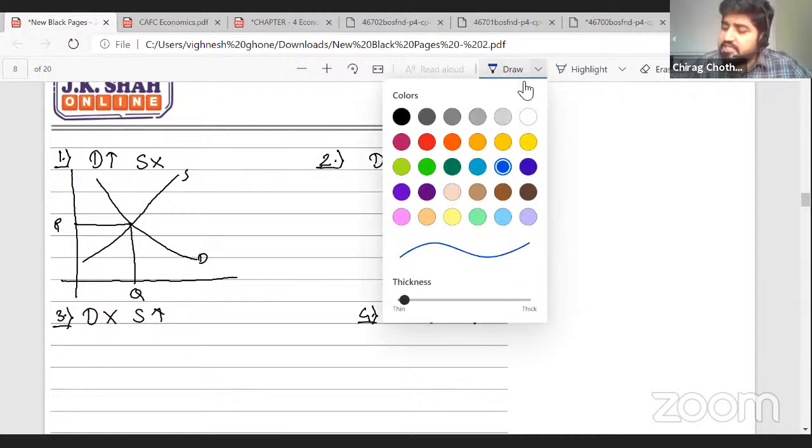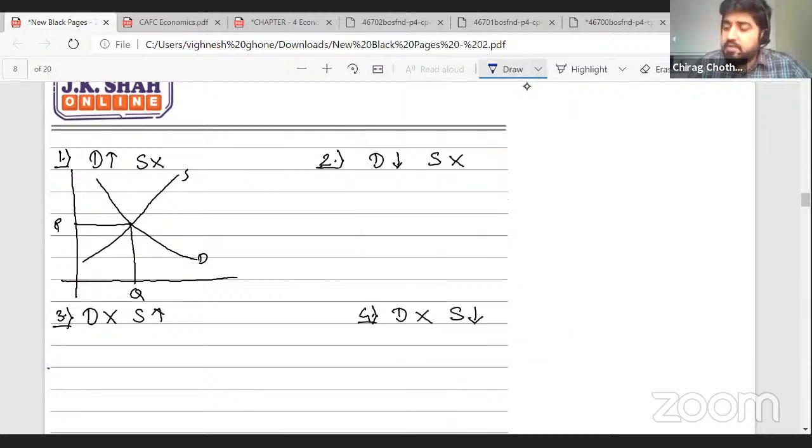Now, let's focus on the change. What is happening to the demand curve? Demand is increasing, so demand will shift towards right. Is there any change in supply, guys? No. So this is our new demand D1. This will be our new equilibrium. According to this, our new equilibrium quantity increases and our new equilibrium price increases.